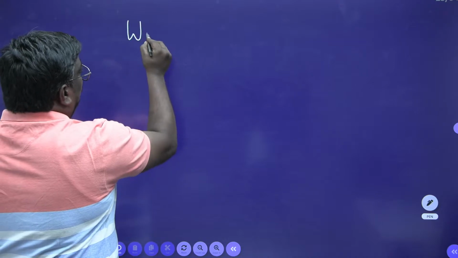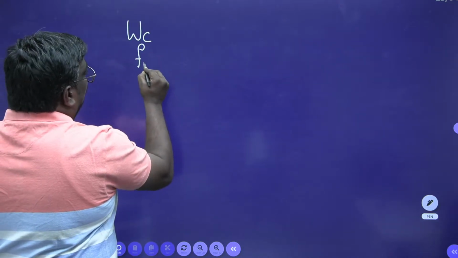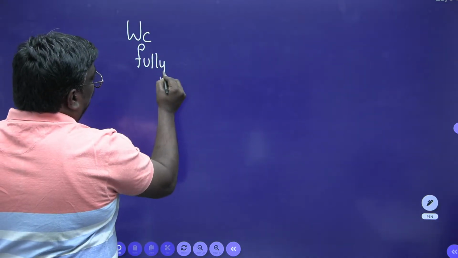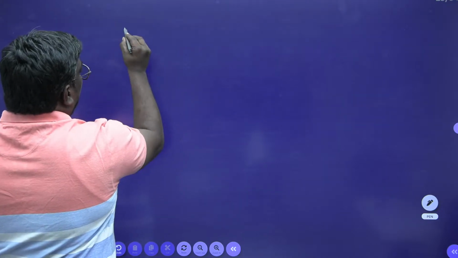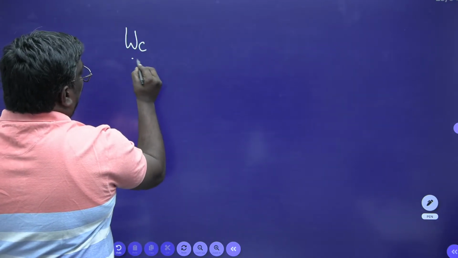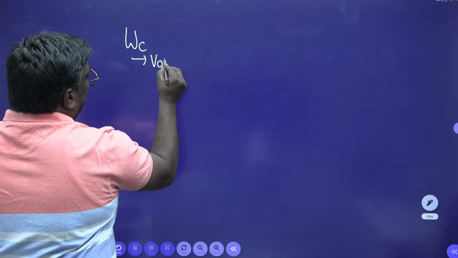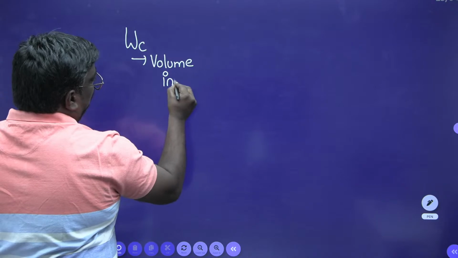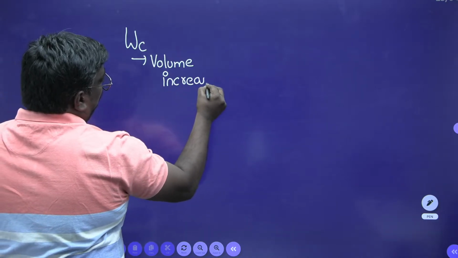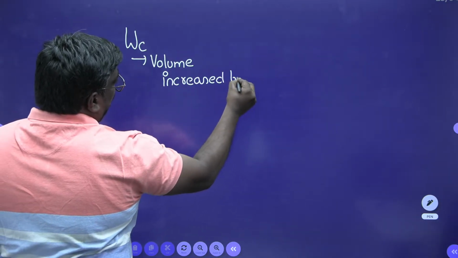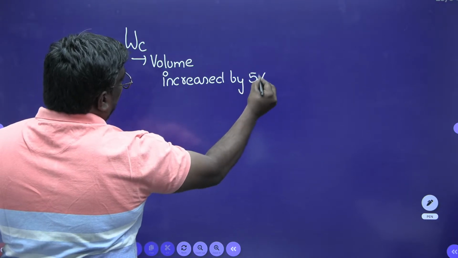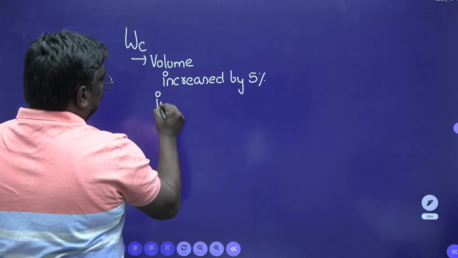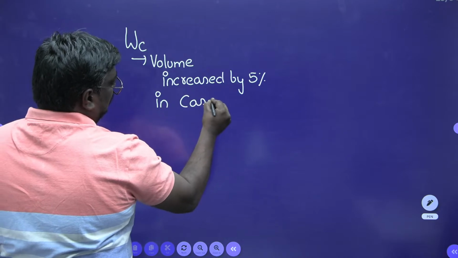But he has asked in the problem, what is the water content? Now, what is the water content if the volume is increased by 5% in case of saturated state?